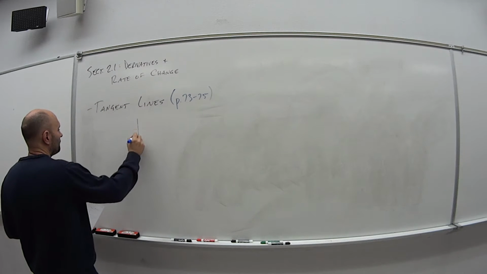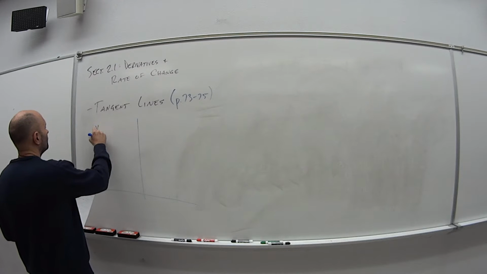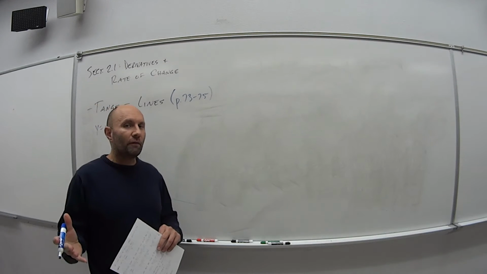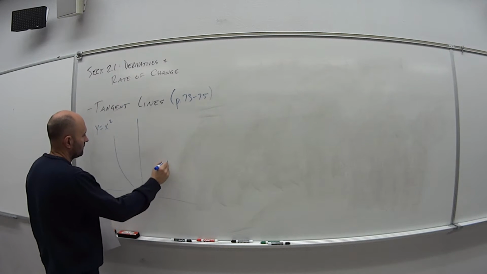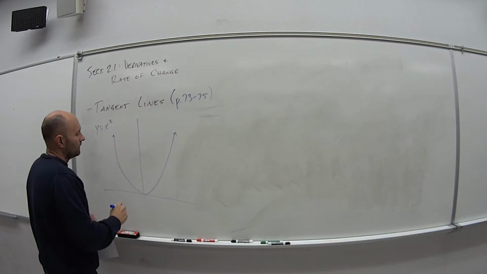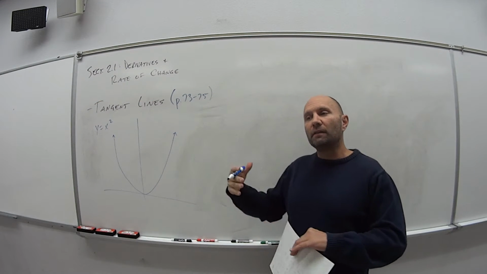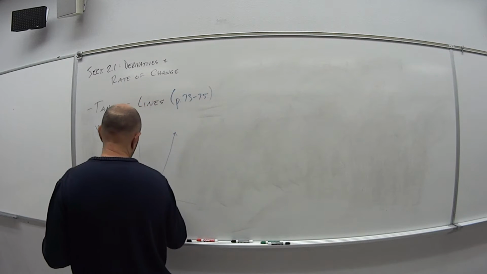Let's say we had the equation y equals x squared. That's the parabola, right? In the past, you might have had a problem that said, find the slope of the tangent line to the parabola that goes through the point (1, 1).